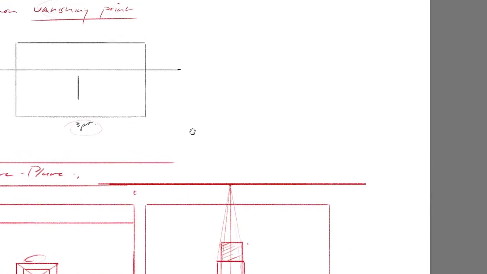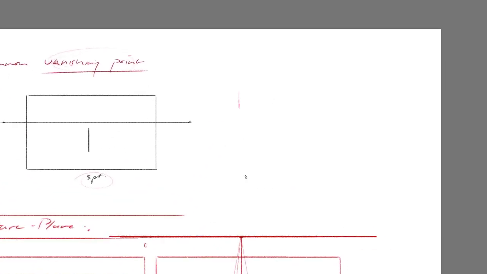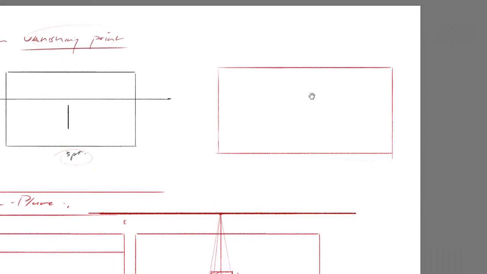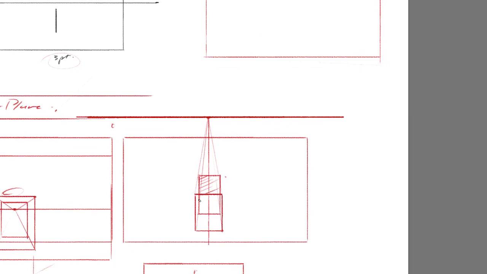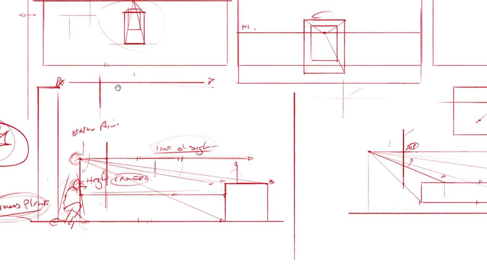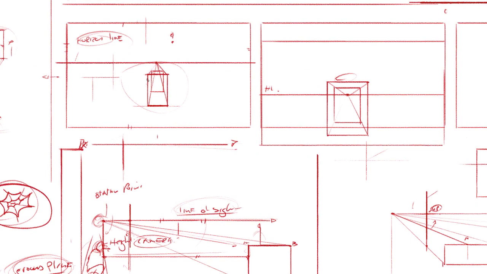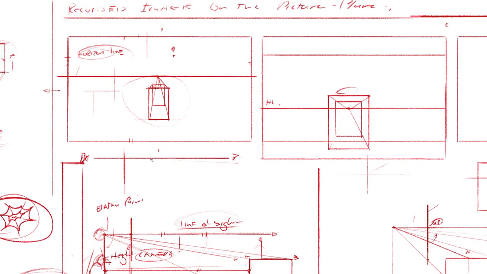Let's take the 1-point perspective and do it. So then it's not technically a 3-point perspective, but what happens is the vertical lines are not parallel to the picture plane anymore. They converge to a point above and below. Okay, this is the important thing to remember. You tilted your head, and this is the consequence.